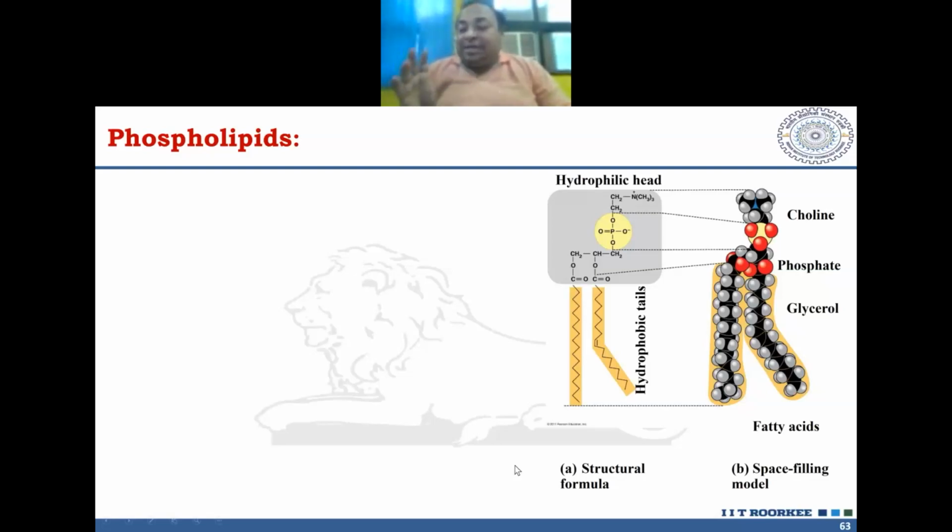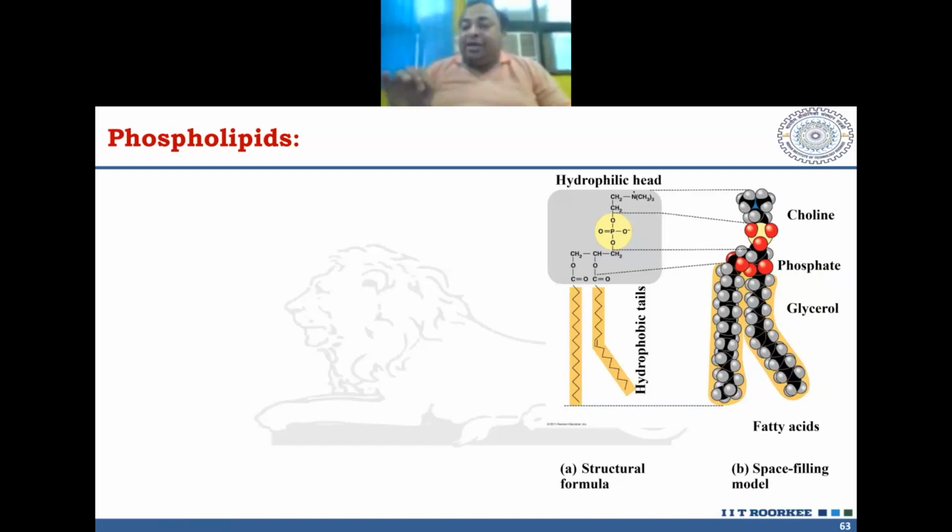So instead of three, the first two are like fat, but the third one is different. In phospholipid, it has a phosphate and a head. It might be positive or negative, but it generally creates a hydrophilic head.